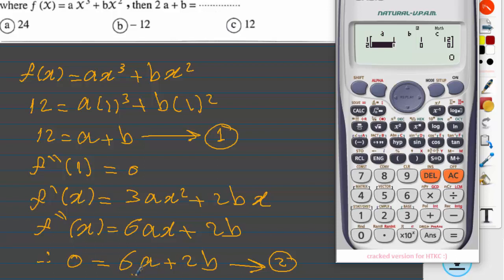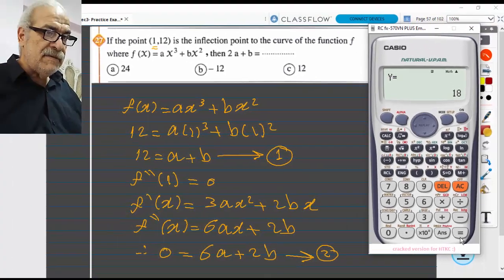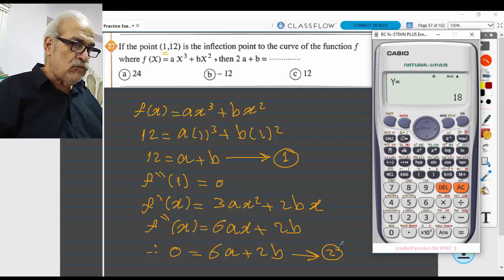Now the coefficients here 6, 2 and 0. Okay, so a equals negative 6 and b equals 18, and we write it.